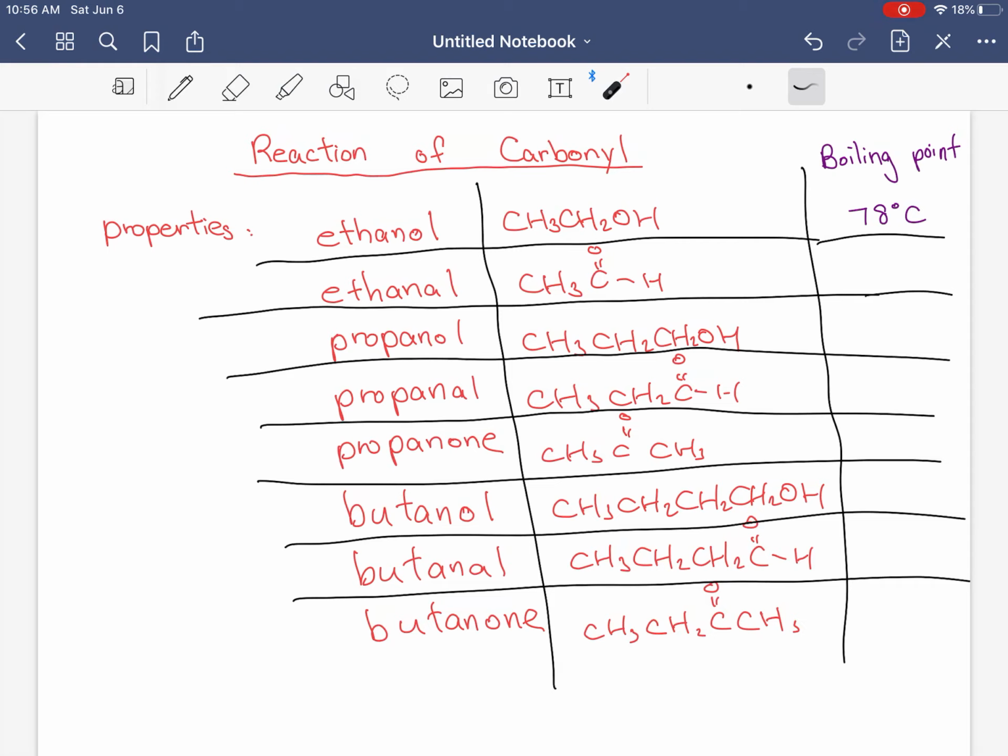And your answer would be no. Okay, ethanal is not very polar. It's polar, C-O is polar, C-H is polar, but it's not that polar. Because it's not that polar, the boiling point here is going to be less. In fact, it's a lot less. Okay, so you're going from 78 degrees to 21 degrees.